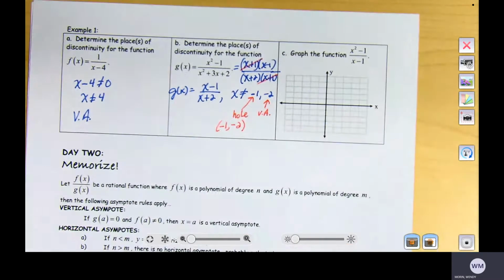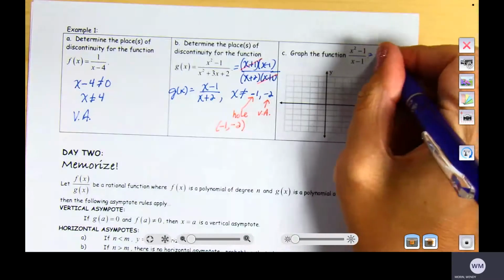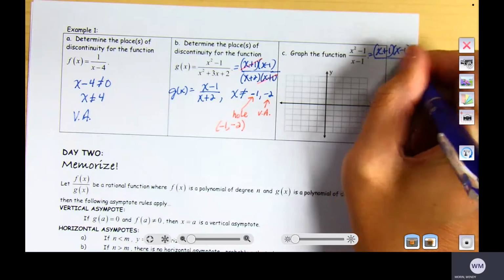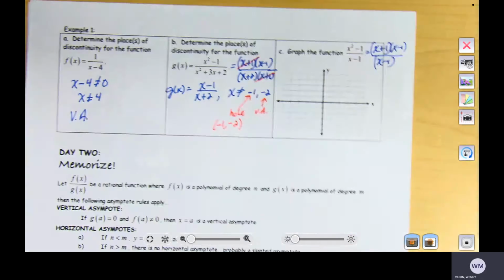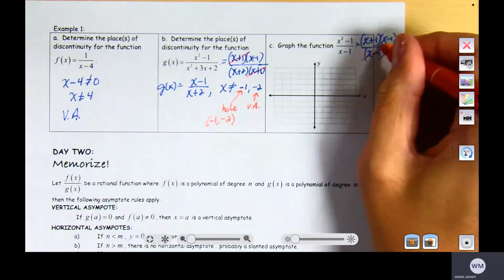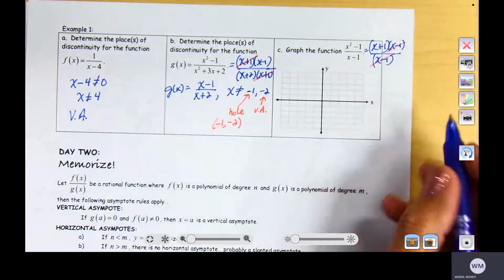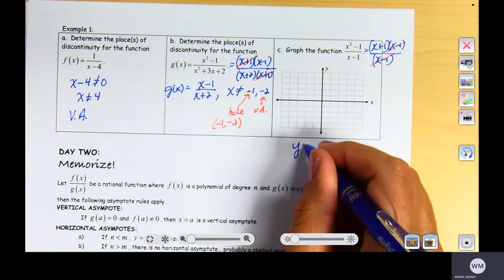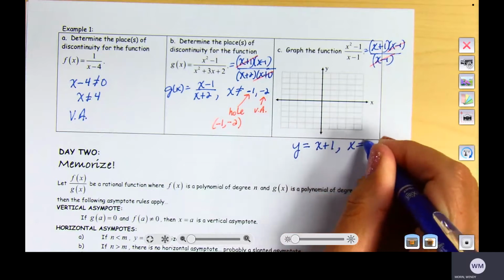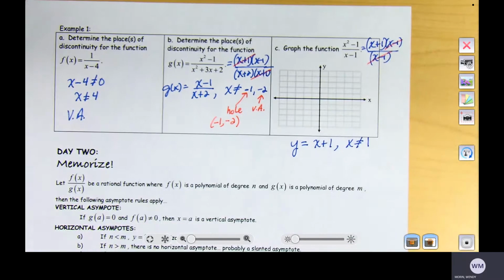Okay, next, factor, again, a difference of squares. X plus 1, x minus 1, all over x minus 1. Okay, this cancels. So that means that you have y equals x plus 1, and x cannot equal 1.